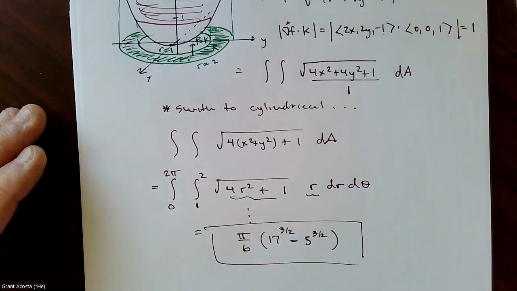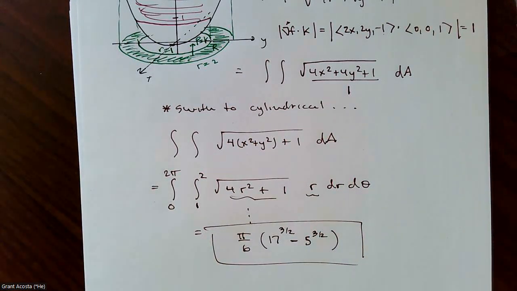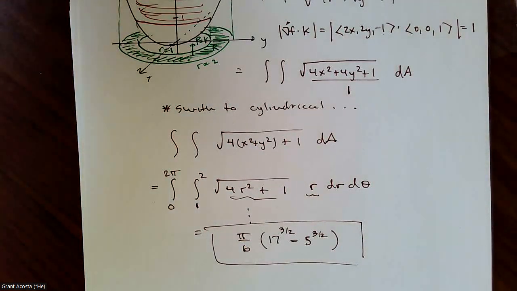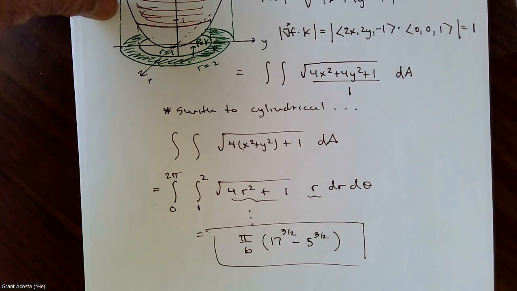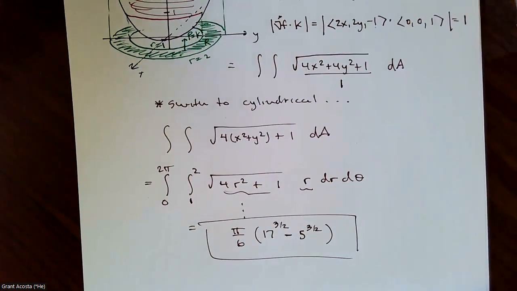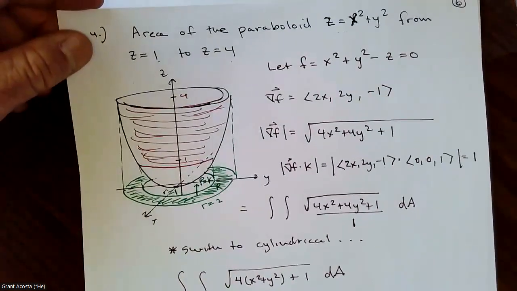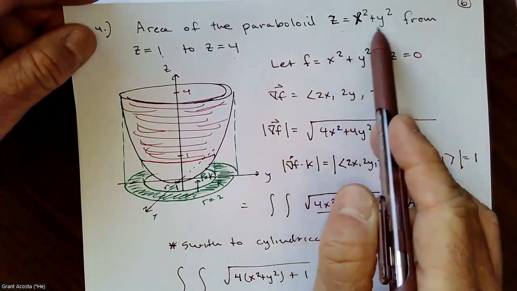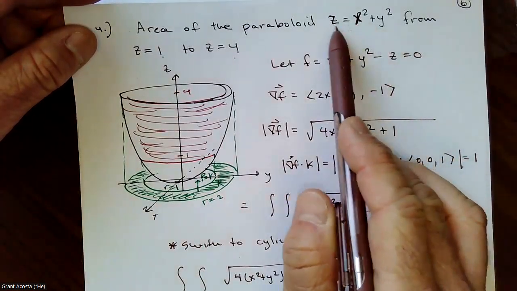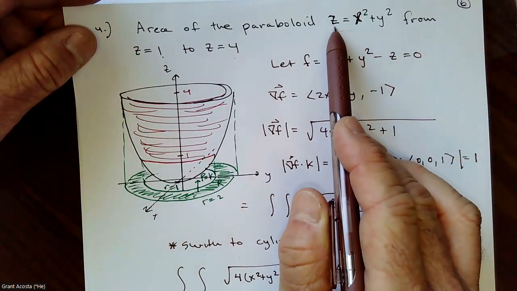But I want to use this example to show you another formula for a very specific case, although I think we could probably generalize this formula. This was another one where my function wasn't implicitly defined. It was solved for one of the variables.